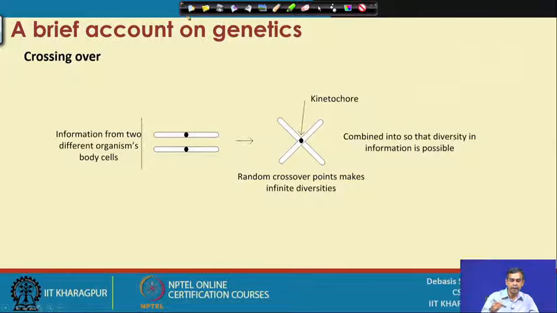This concept in genetics is called crossing over, and we will follow exactly the concept of chromosomes as it is in genetics. Similarly, crossing over, or simply crossover, is also an important philosophy that is followed in optimization techniques.